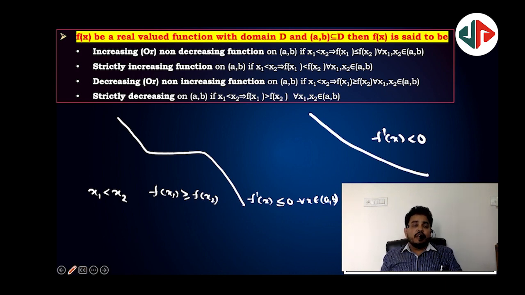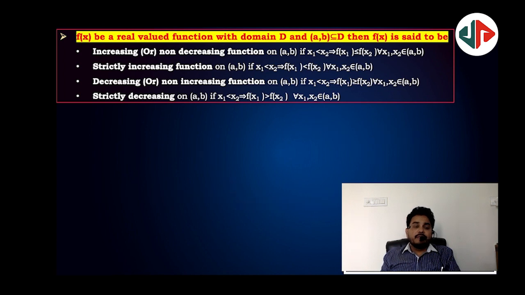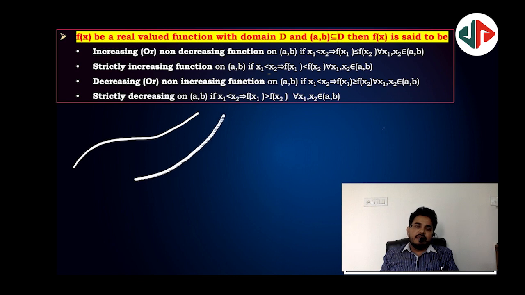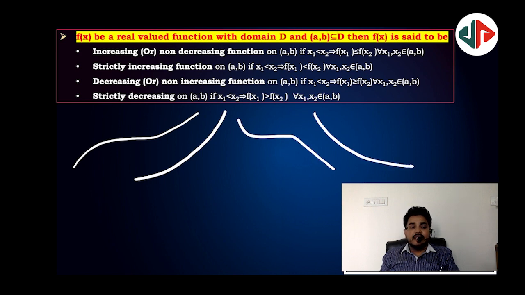Okay, so if you look at everything in one frame, this is increasing, this is strictly increasing, this is decreasing, this is strictly decreasing.